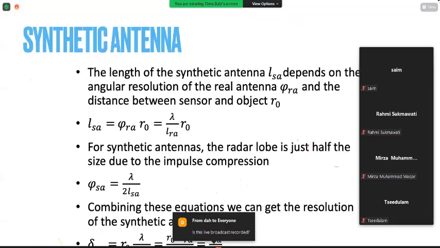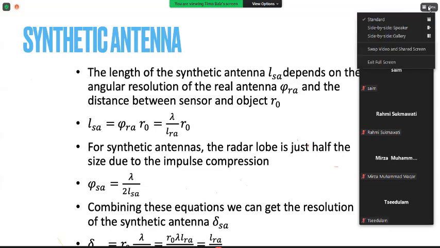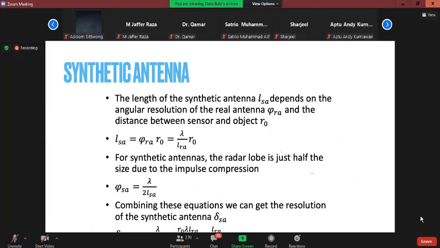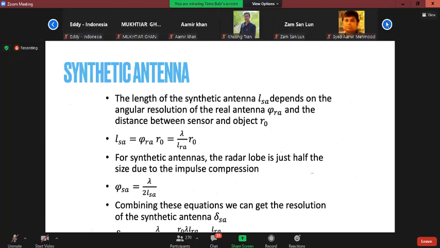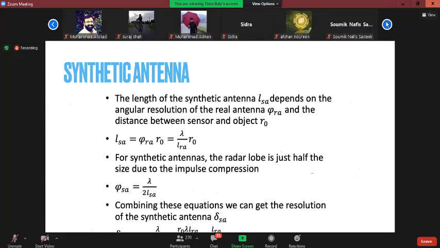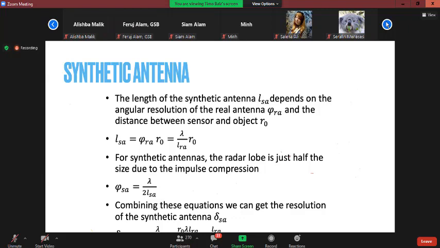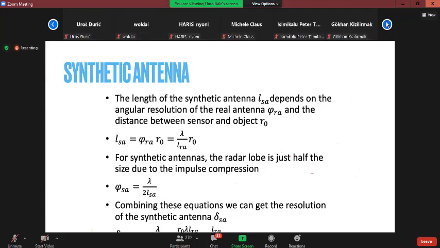Now, the length of that synthetic antenna depends on the resolution of the real antenna. And if we combine all of them, in the equation, the resolution that we can achieve is now only defined by the length of the real antenna divided by 2. So there is no distance anymore in it.